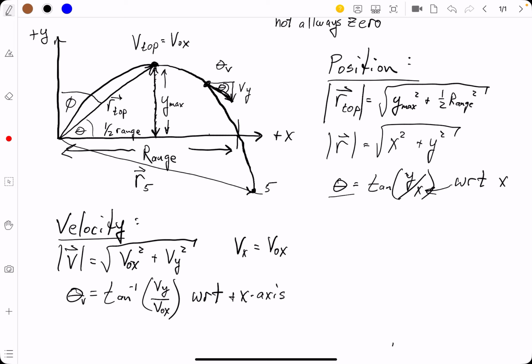Now we have to figure out how we can do these things. So let's do a quick example, and then we've got a group problem that we can work with later. Let's see. I'm going to do the group problem in the next video.